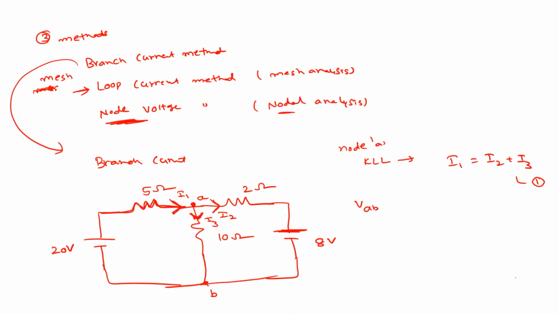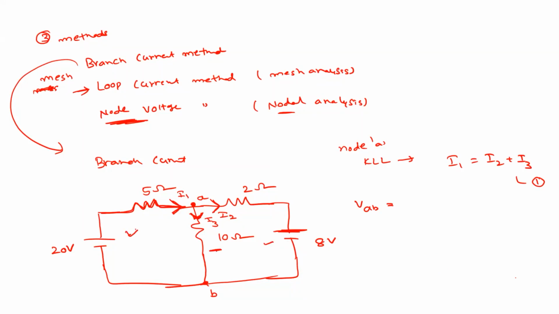How to get this VAB? This VAB can be obtained in three ways: by using this one, this one, and this 10 ohm resistor.